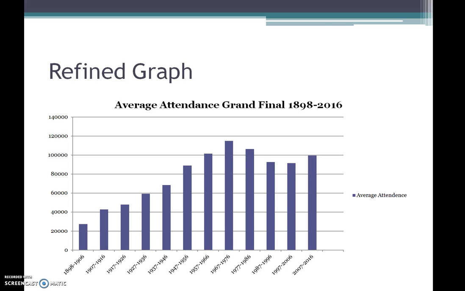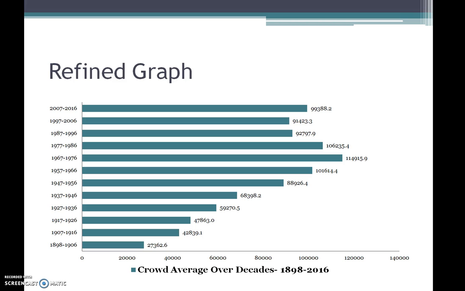Then there was the decline over the next 3 decades to 1997 to 2006, where the average was below the 100,000, more like the 90,000 mark, and then on to 2007 to 2016, where the average attendance was close to 100,000 people.